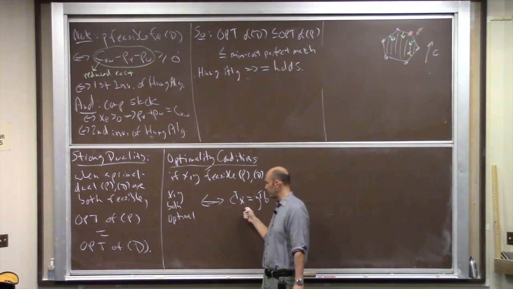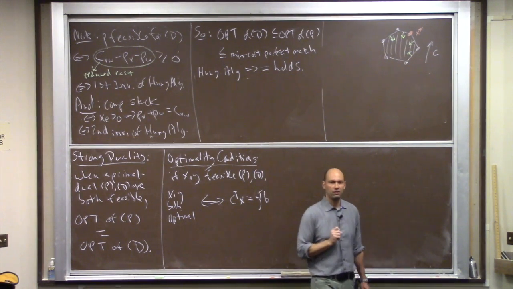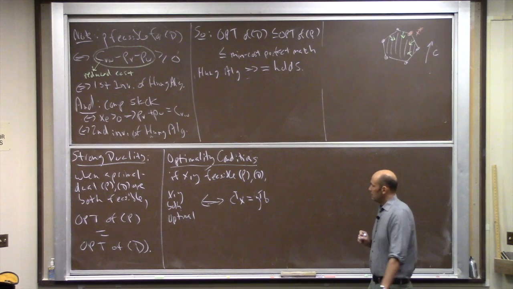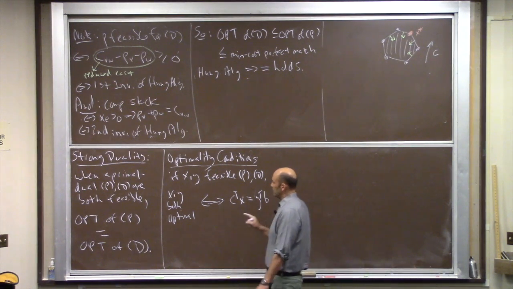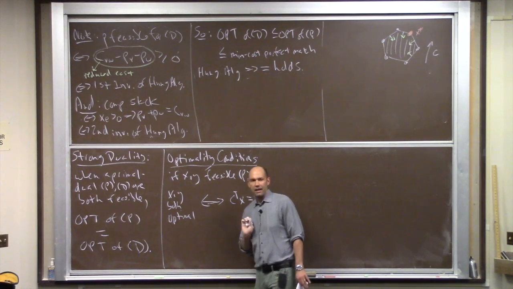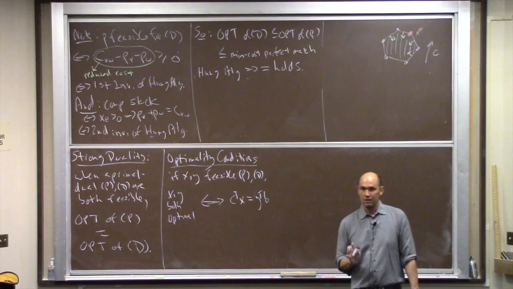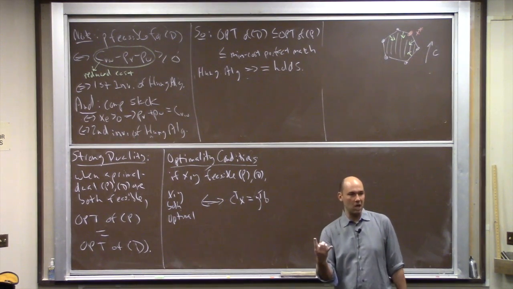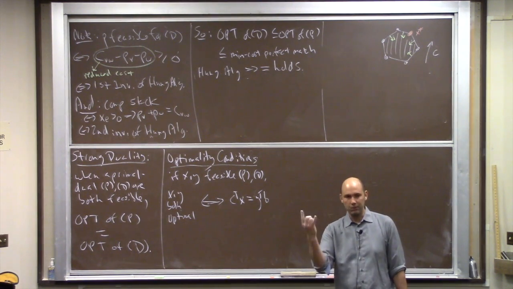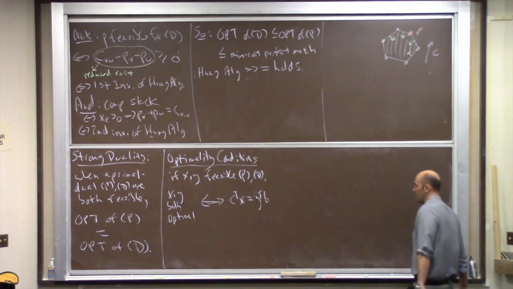If that were true, then certainly that were true. That followed from weak duality. Sufficient condition for optimality. But strong duality says, actually, I guarantee you that there is going to be some x, y feasible that have equal objective function value. There's never a gap. So if there's never a gap, then the only way to be optimal is if there's no gap between the primal and the dual. Okay? If there's any gap, one of them at least has to not be optimal.